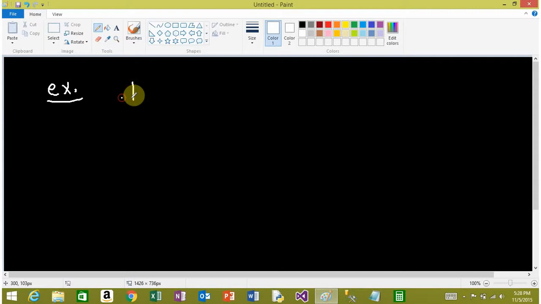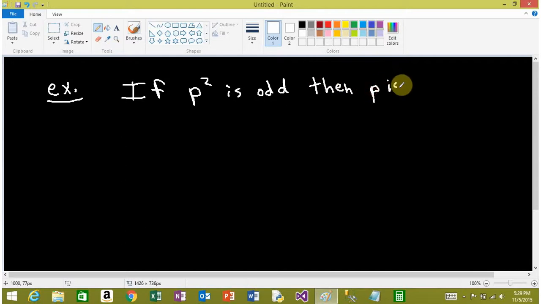So let's say if p squared is odd, then p is odd. If we look at this, we could try to prove it directly.